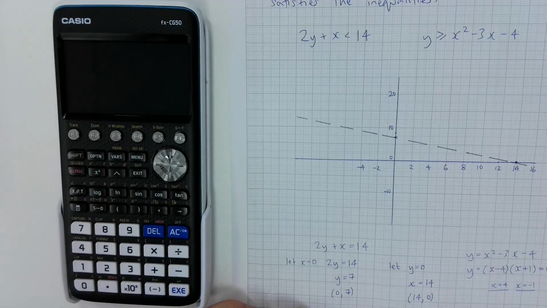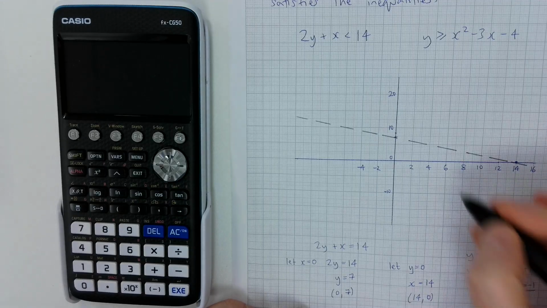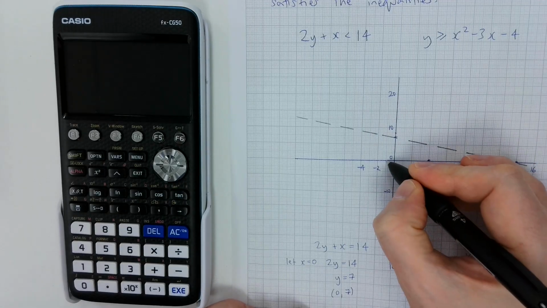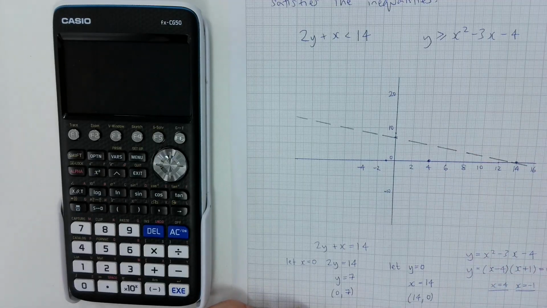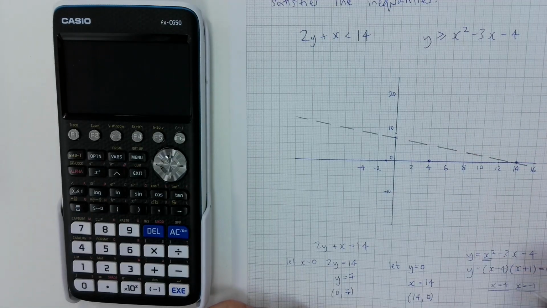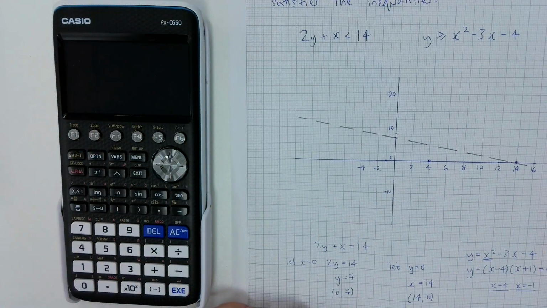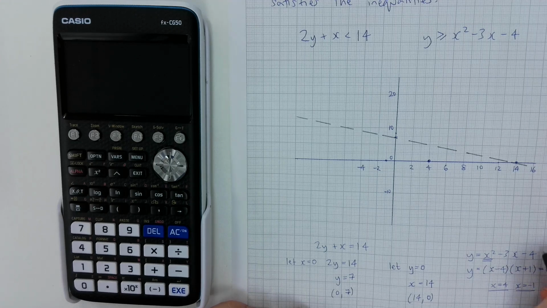So that should enable us to sketch our quadratic. So we know there are x-intercepts here, there's one at 4, and there's also one here at minus 1. We know it is a happy quadratic because it's plus x squared. And we also know that it's going to cross the y-axis where y equals minus 4.